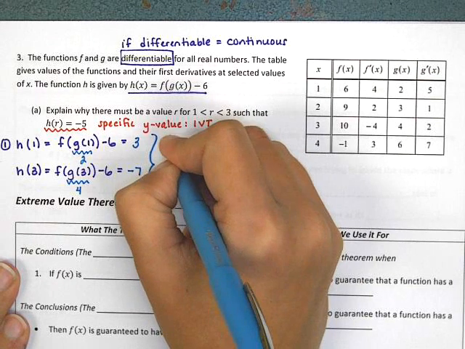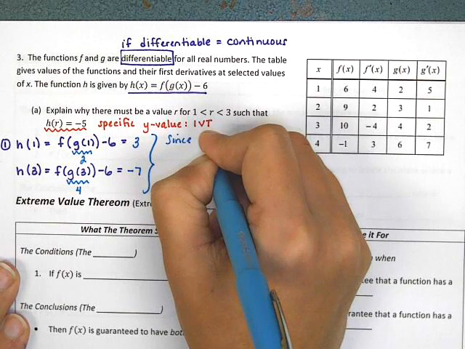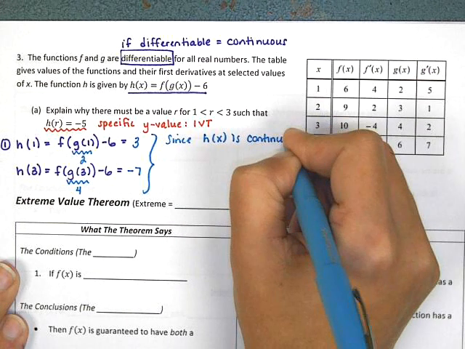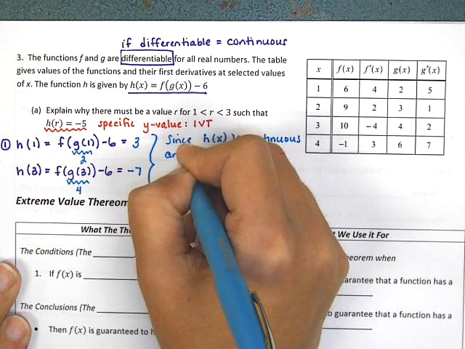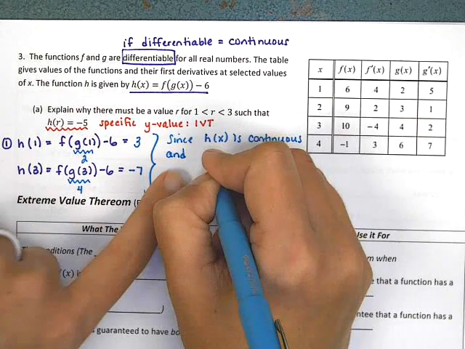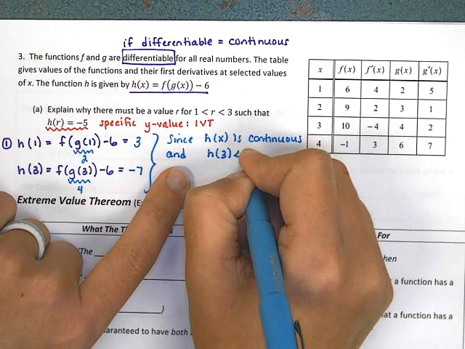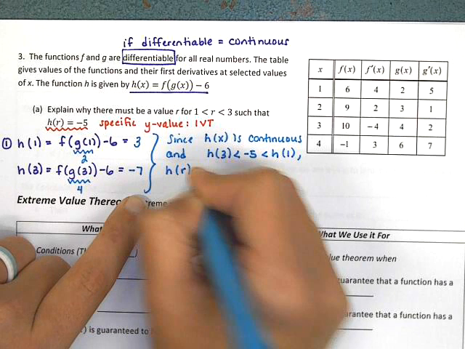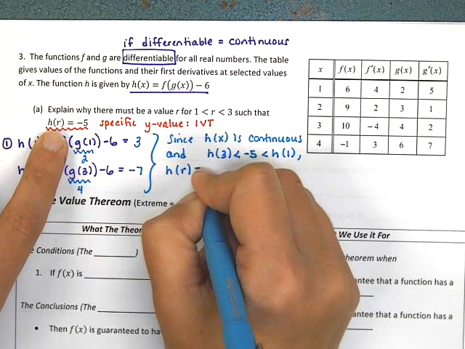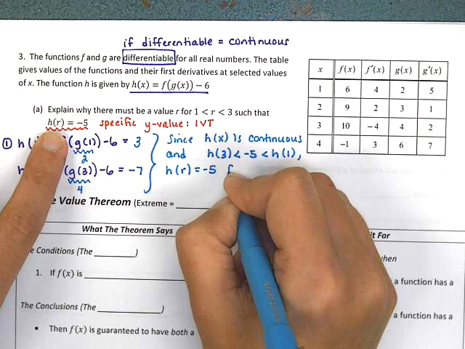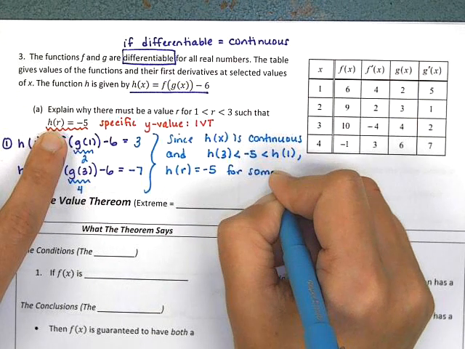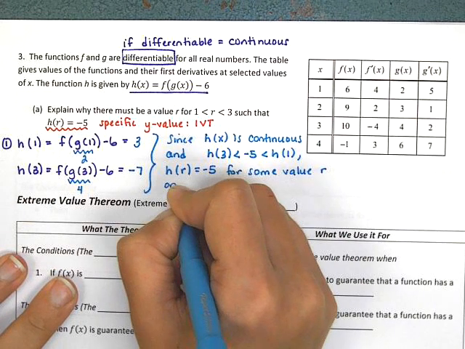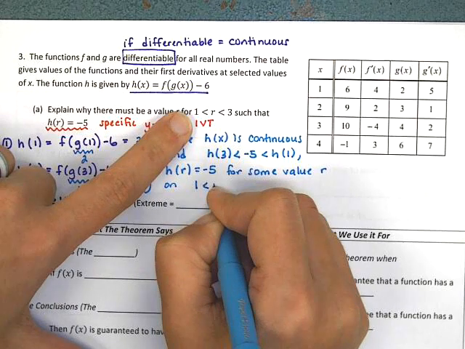So we would say, since h of x is continuous, and let's see, h of 3 is actually the smaller one. h of 3 is less than -5 is less than h of 1. h of r, and I'm using the letter r because that's what was in the instructions, equals -5 for some value r on, and I'm going to write my interval the same way that they wrote their interval.